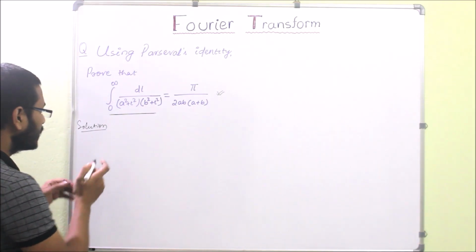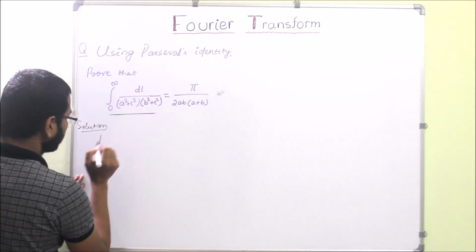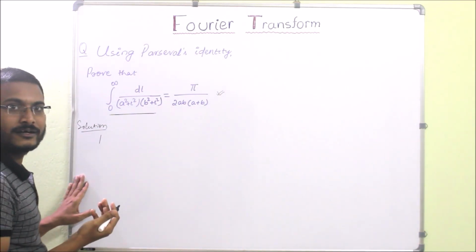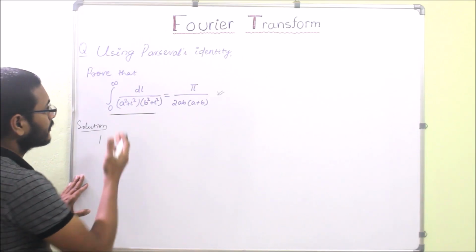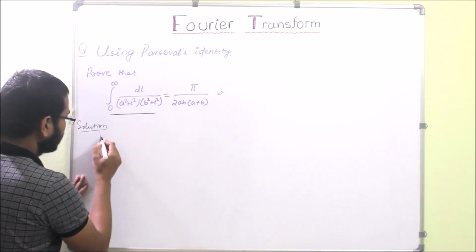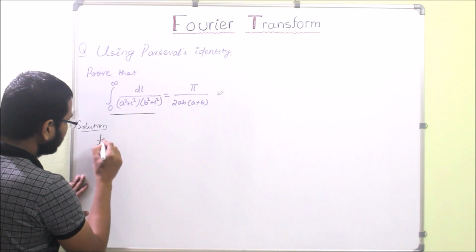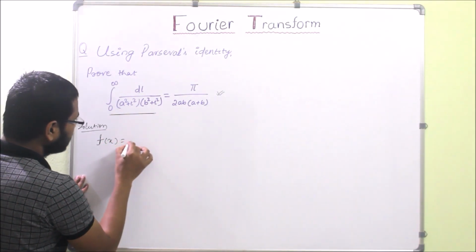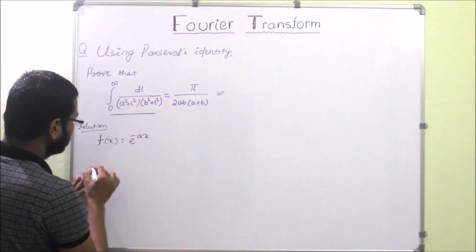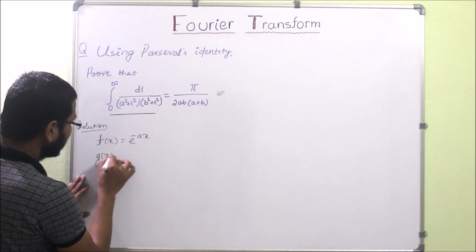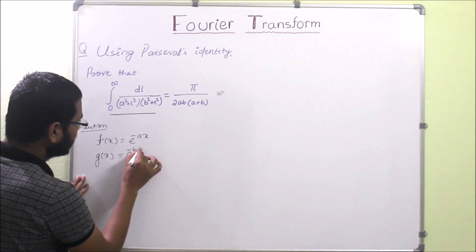If I take the Fourier cosine transform, then we can get the formula. So we will take a function f of x as e to the power minus ax, and g of x as e to the power minus bx.